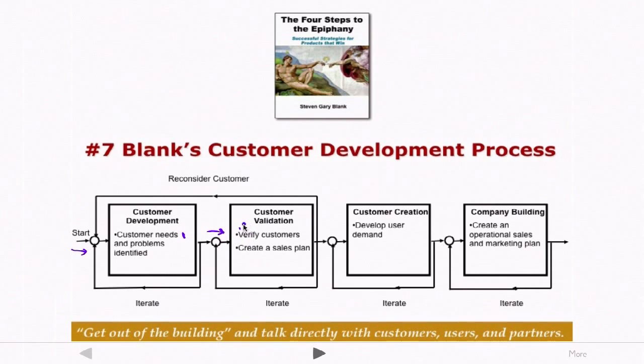So if you fail to find those next 20 customers, then you've got to iterate and circle back to the first step and try and see if you can come up with either a different unmet need or problem or a different solution to that problem, and then come back and see if you can again verify that there are a larger set of customers who also share this problem, that it wasn't only these initial people.